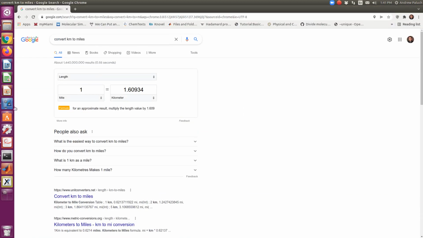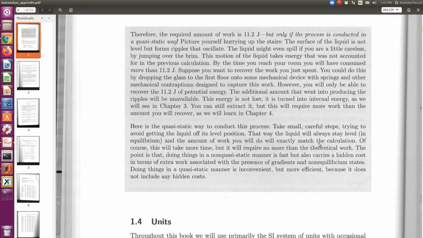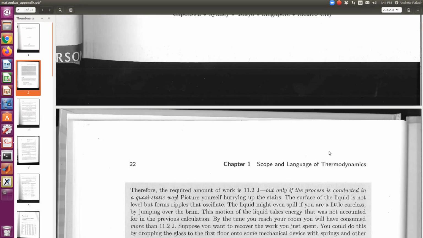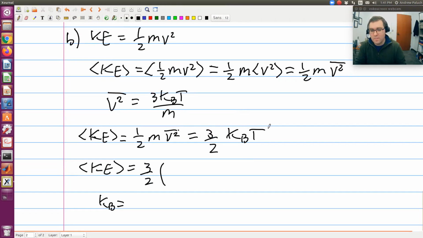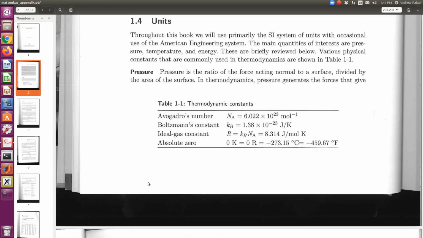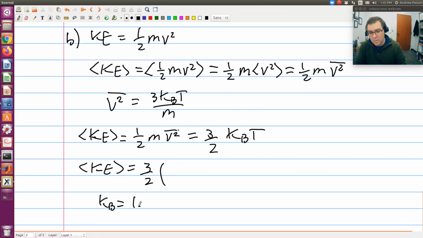I go up to my appendix, so close this conversion. kB is 1.38 times 10 to the negative 23 joules per Kelvin.